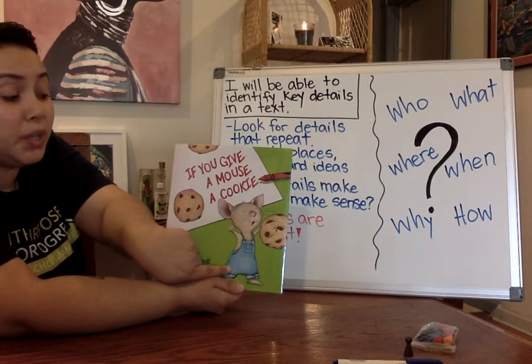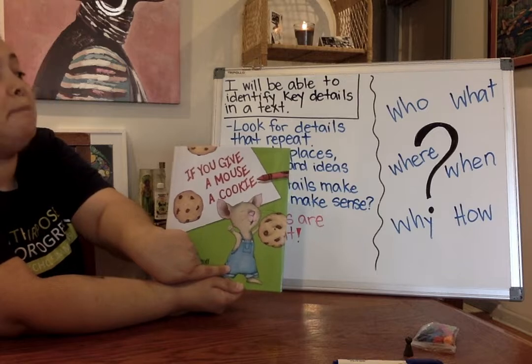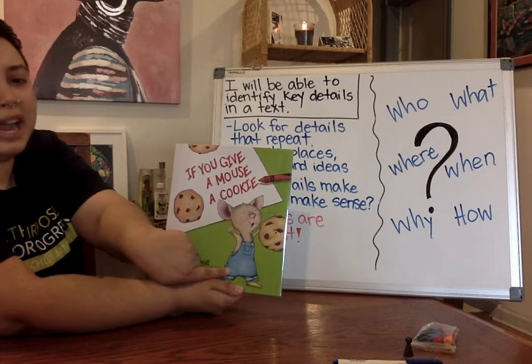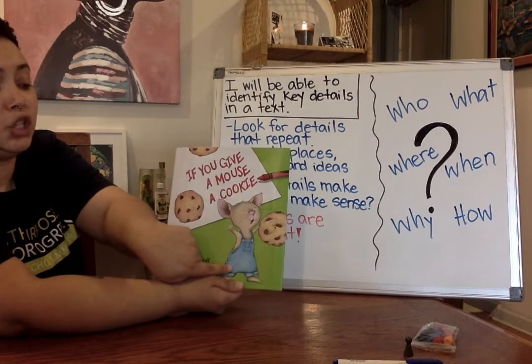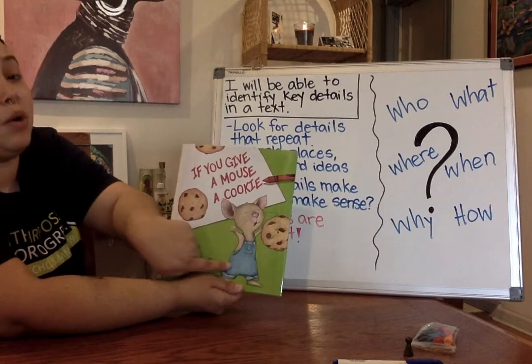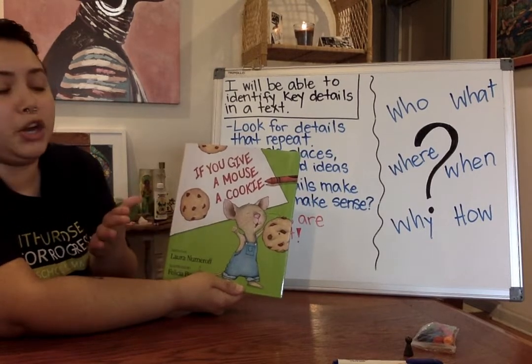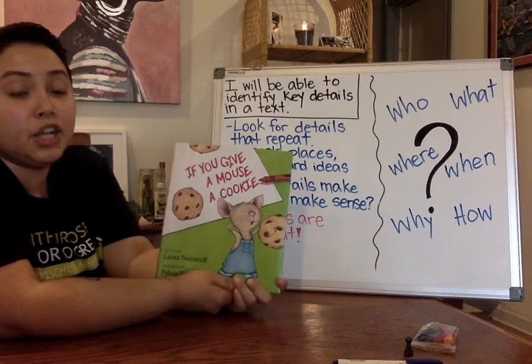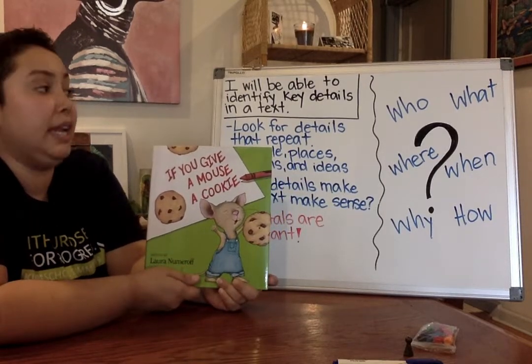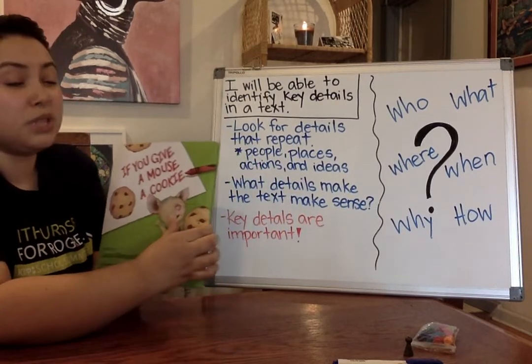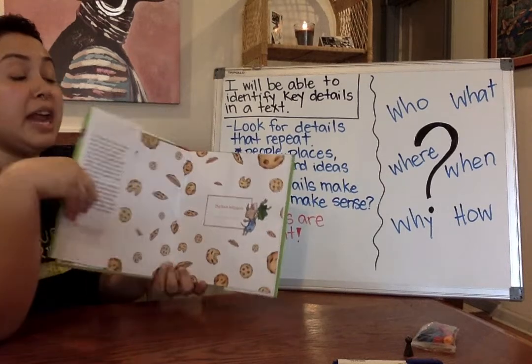I want to know if this is going to be our main character and who they are. So my question is, who is the mouse? I also want to know what happens when you give a mouse a cookie. Those seem like they might be important information.